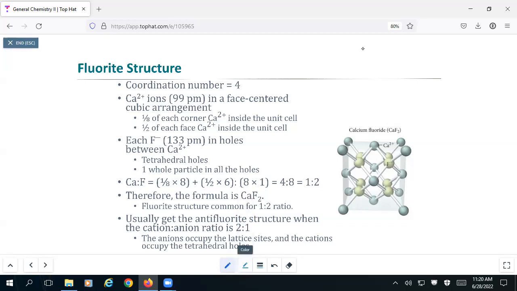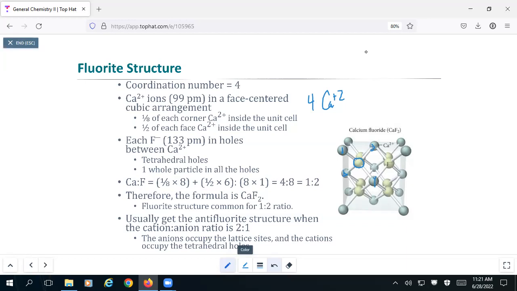So that will give us 4 calcium ions as a result. Each of the fluoride ions is going to fit into one of those tetrahedral holes. So you can see each one of those fluorides is touching 1, 2, 3, 4 calciums.